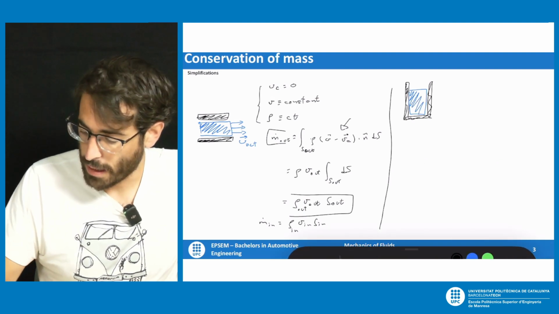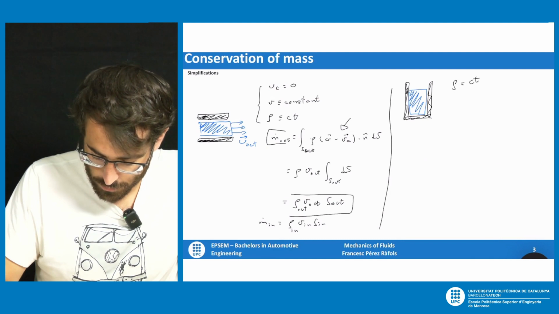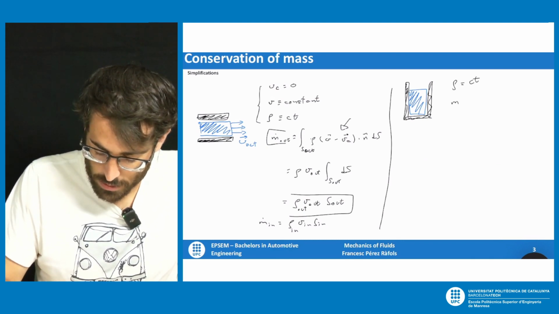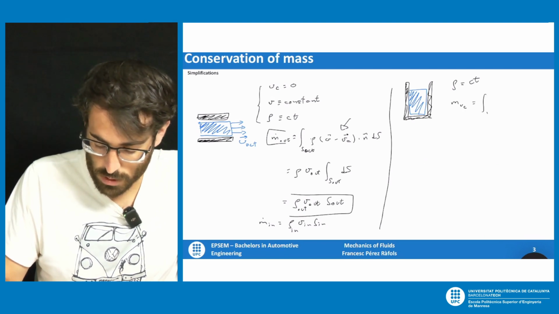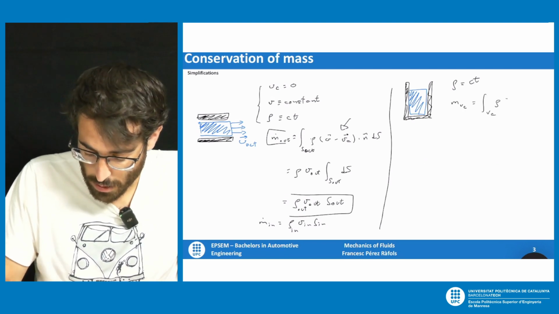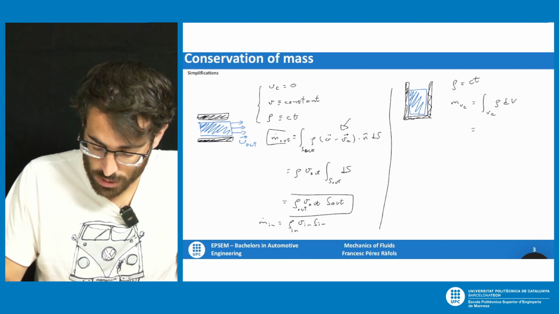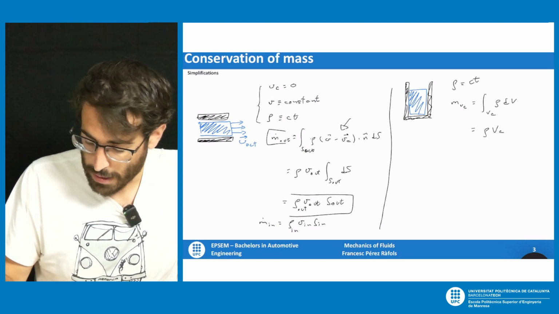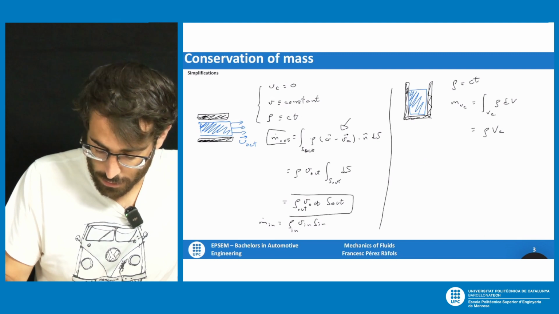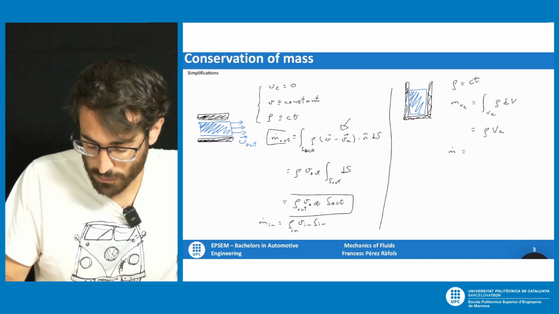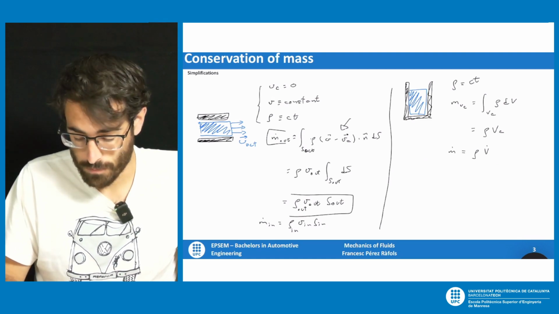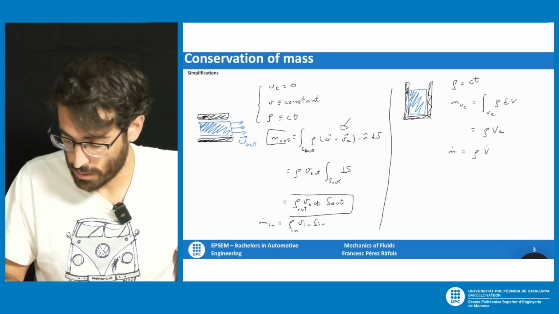Again, if rho is constant, then the mass in the control volume, which by definition was the integral of rho dV, can have rho taken out, so we will just have rho times the volume itself. And this is the total mass. We can do the same with the mass flow. If rho is constant, it can be written as rho times the volumetric flow. But again, only if rho is constant.